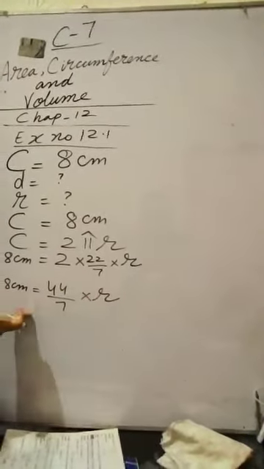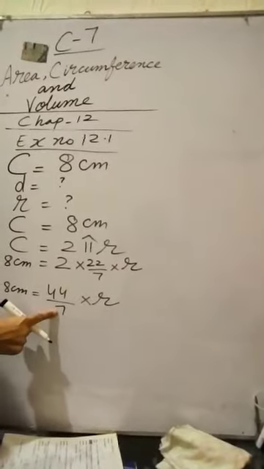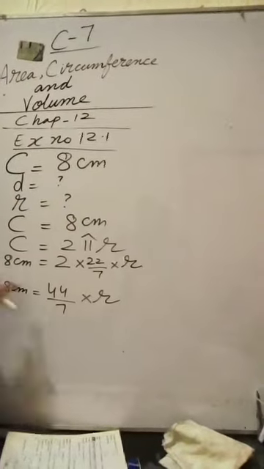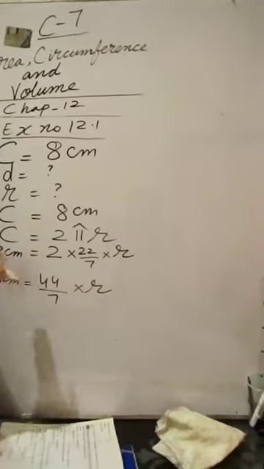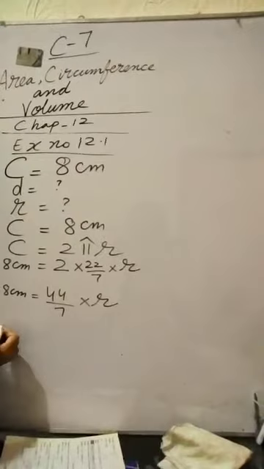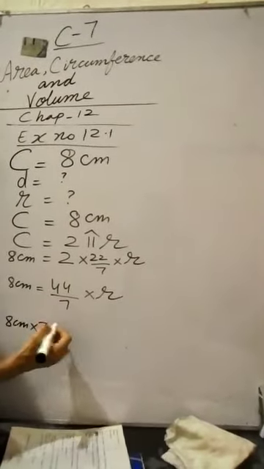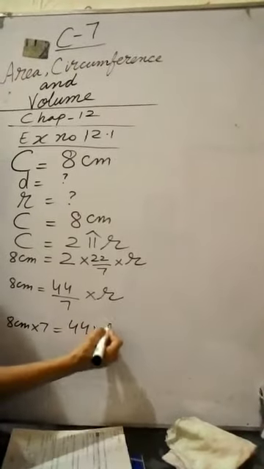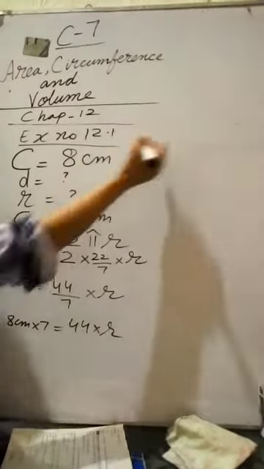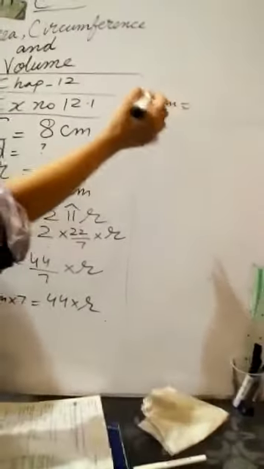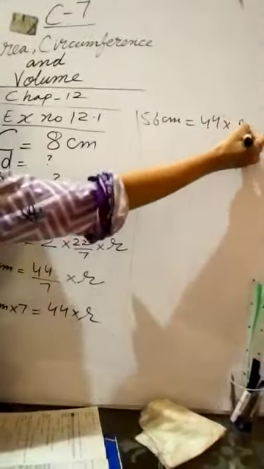Now the conversion, interchange of the value. This 7 is dividing here. When it comes to the left hand side, division will convert into multiply, and the remaining values are the same. Now 7 multiplied by 8 is 56 centimeter, and we have 44 multiplied by r.